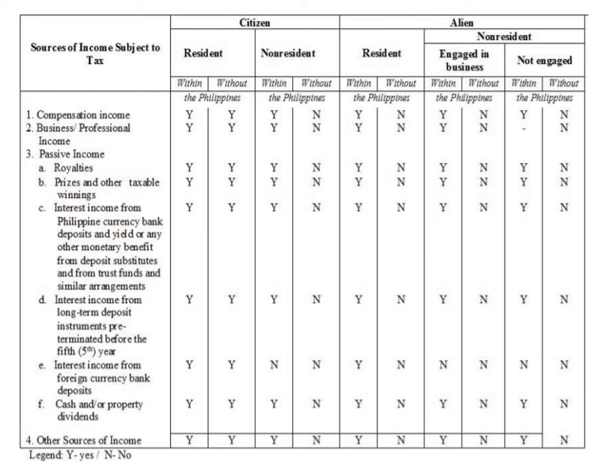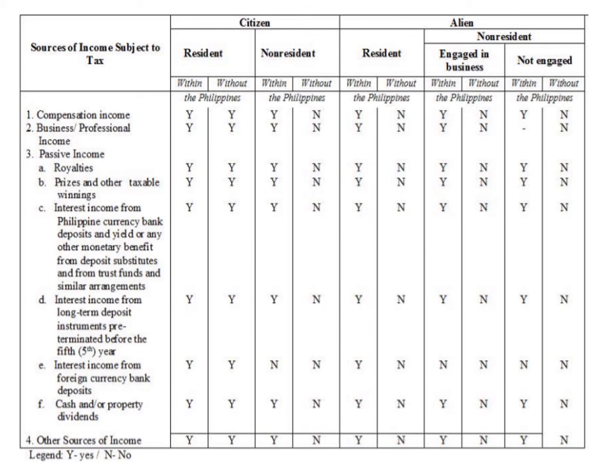So we also have different kinds of passive income. Number one is royalties. Those singers would be able to sell copies of what they sang, their DVD copies. Those who write books would earn royalties. We also have prizes and other taxable winnings, like for example, when you won the lotto. Then income tax from deposits or benefit yields, income tax for long-term deposits terminated before 5 years, because if it's within 5 years, it is tax exempt.